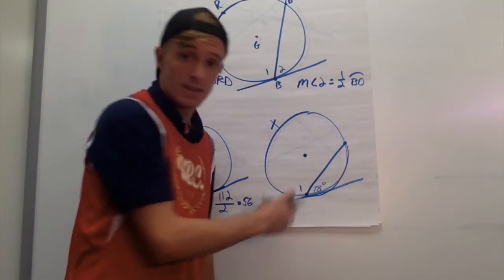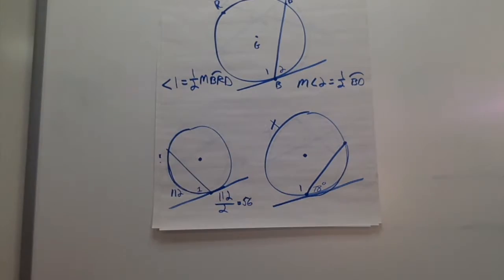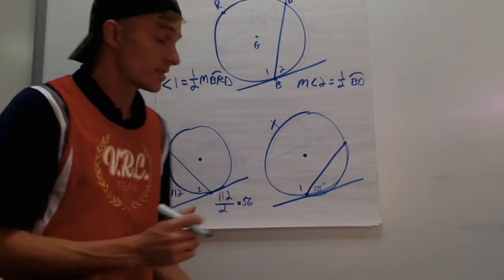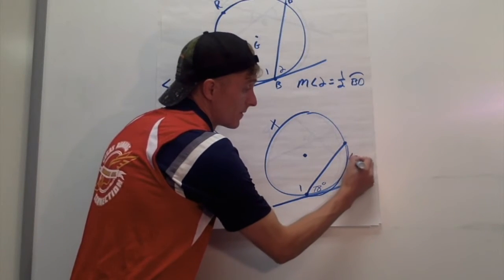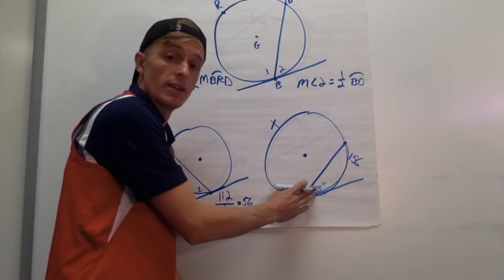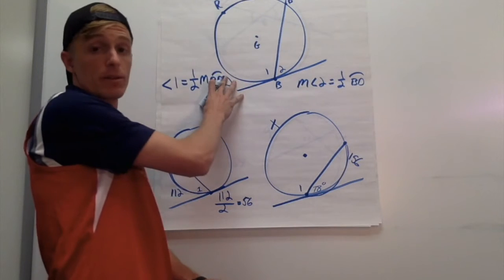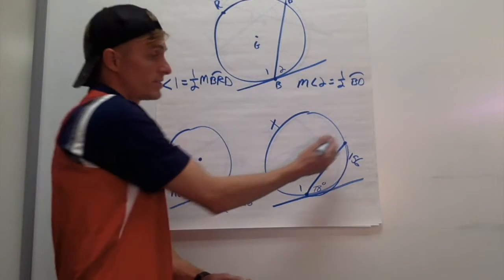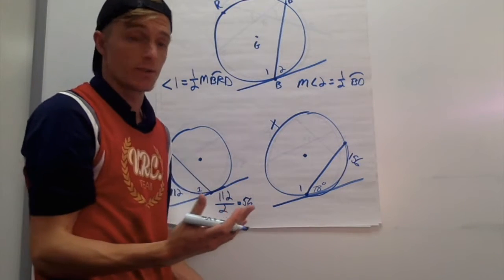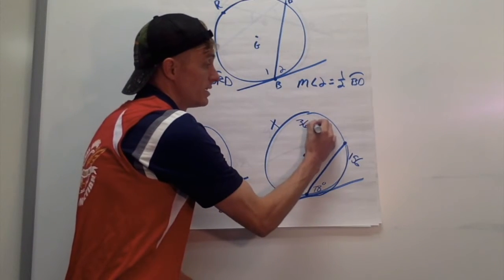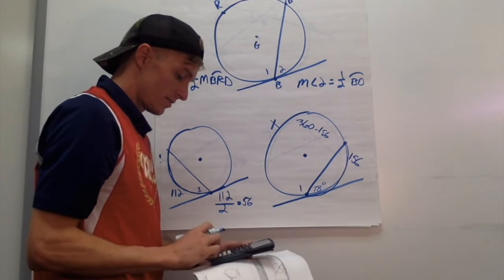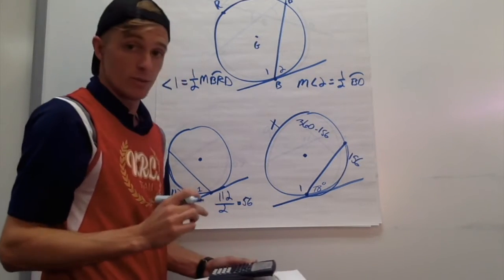That's 78 times 2, and that is 156. So this arc right here is 156. All I did is I took 78 and multiplied by 2. I used my theorem. Well, that means I can find the rest of my circle because a circle is 360 degrees. So I just go 360 minus 156, and 360 minus 156 is 204.